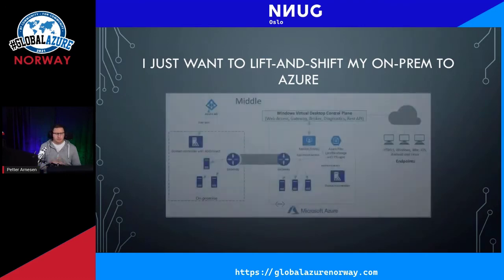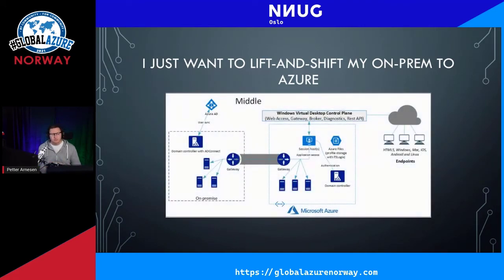But somewhere in the middle, when we're starting moving servers, it can look something like this. In this, we see that we have moved some servers. We have established a domain controller in Azure to reduce the logon times. And we still have some servers left on-prem.